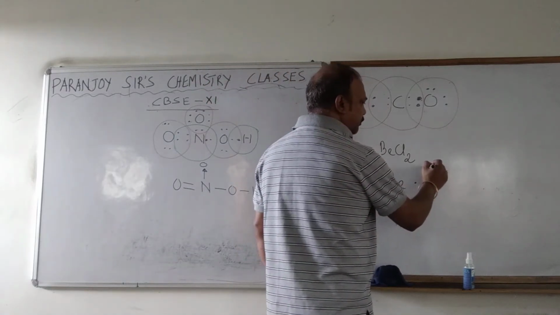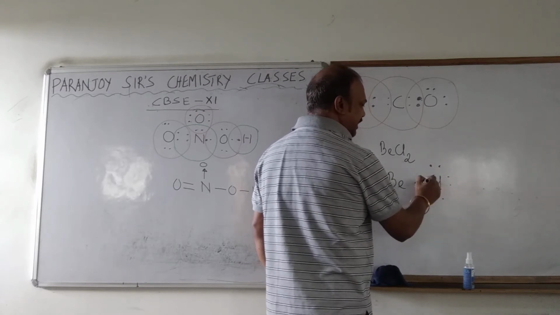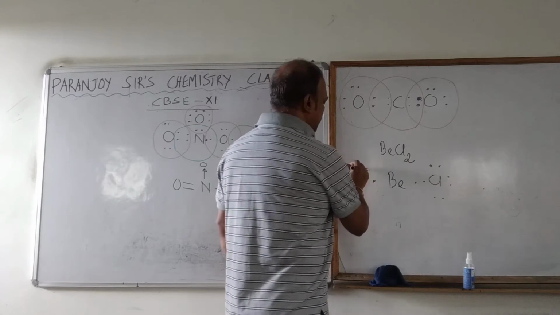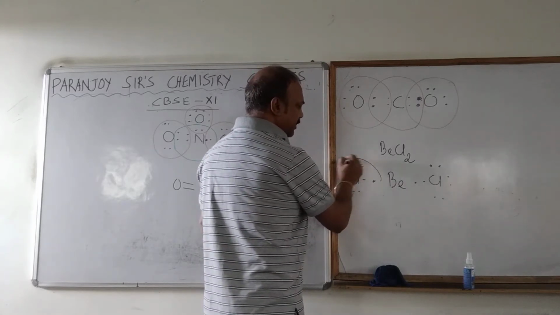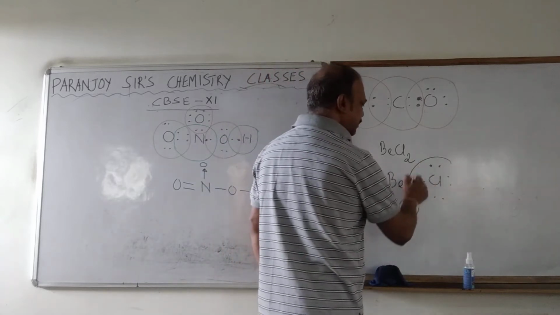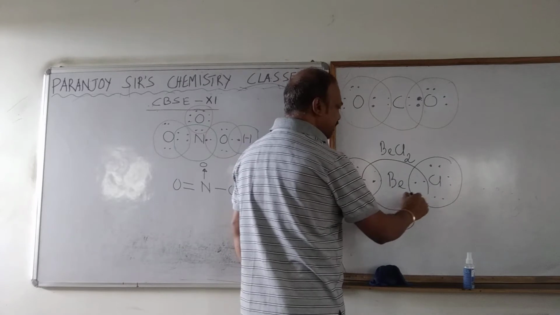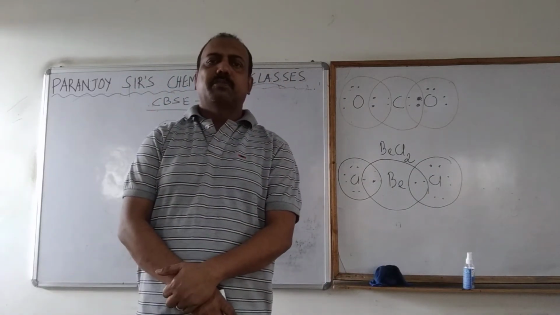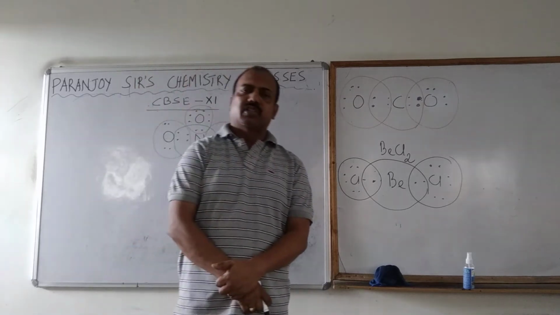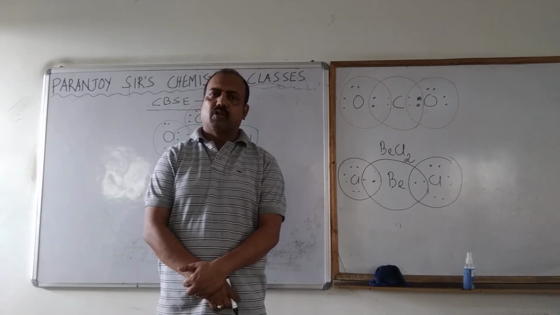So chlorine: 1, 2, 3, 4, 5, 6 and 7. Another chlorine: 1, 2, 3, 4, 5, 6 and 7. This chlorine is becoming 8. This chlorine is becoming 8. But what about beryllium? Beryllium is becoming only 4. Though this particular molecule is very much stable, it could not be explained by the Lewis dot model.